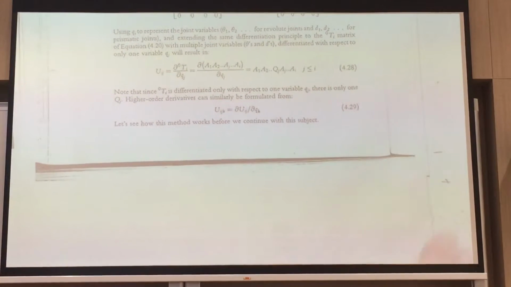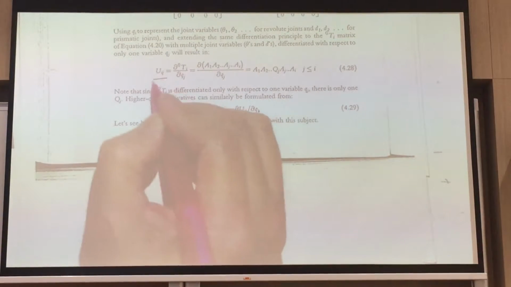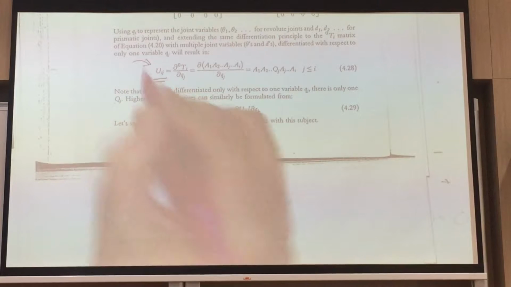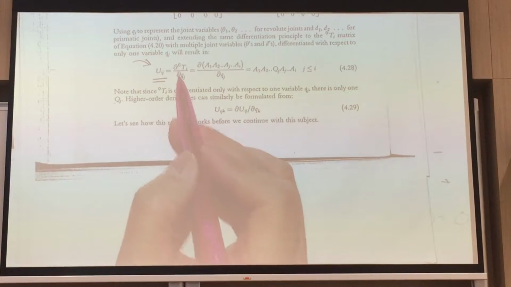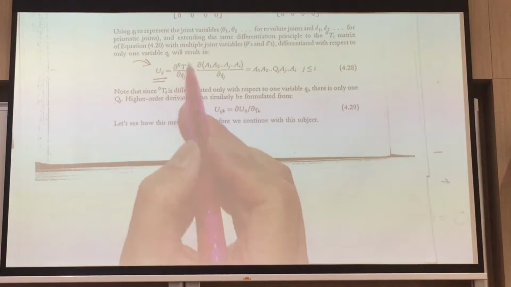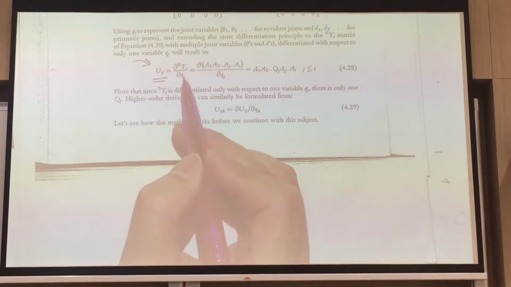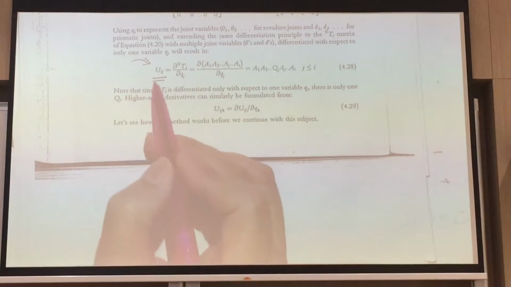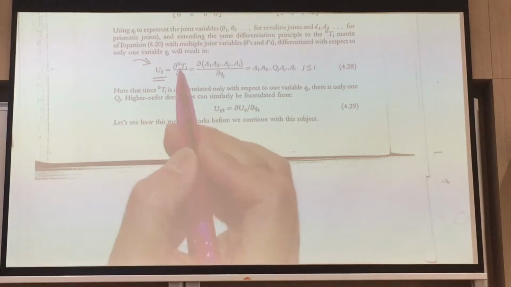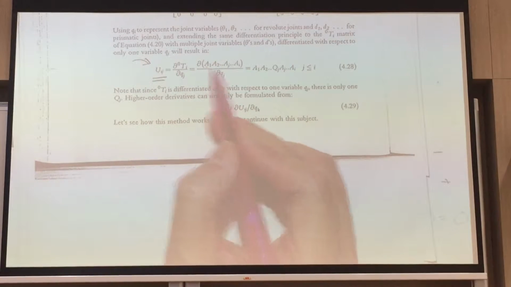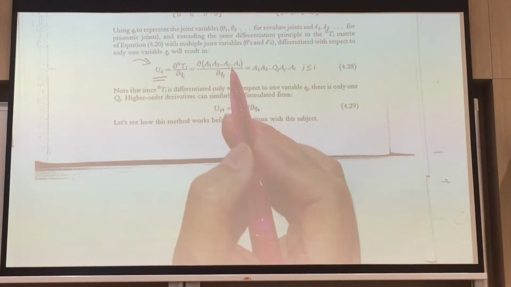Why do we want to go through this? Because we want to derive Uij here. Uij is the derivative of the transformation matrix Ti with respect to one joint at a time. So Uij is delta Ti over delta qj. There's an i here, there's a j. And T is given by the multiplication of all these matrices.